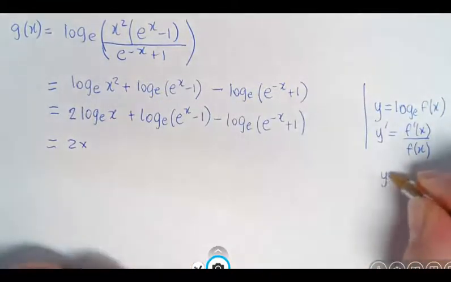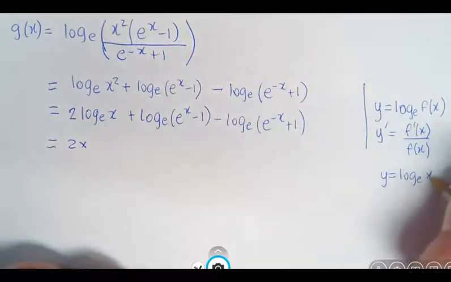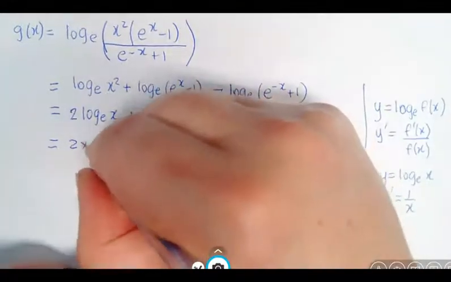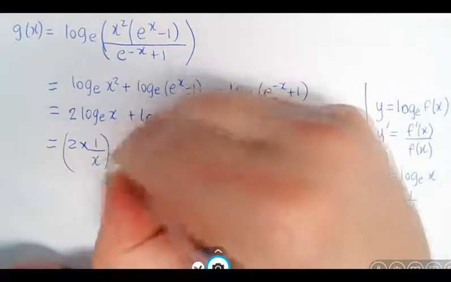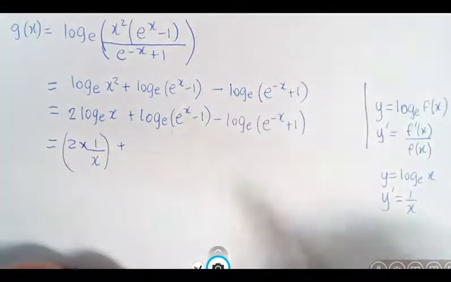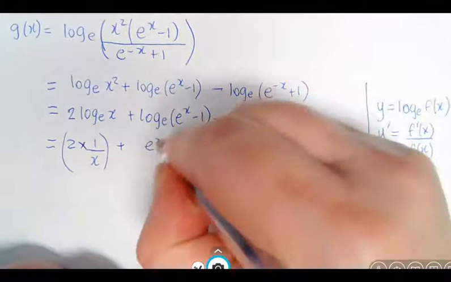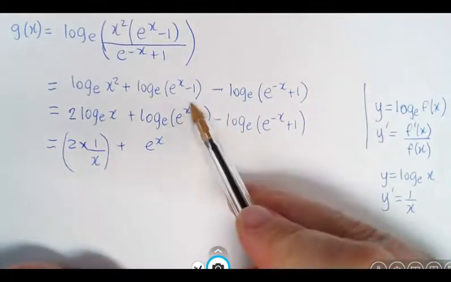We know that the derivative of log to the base e of x, or ln x, is just 1 on x. So the derivative of x is 1, over the function, which is x. So it's 2 times 1 on x. That's our first term, plus the derivative of e to the x minus 1 is just e to the x, because when you differentiate e to the x, you get e to the x.